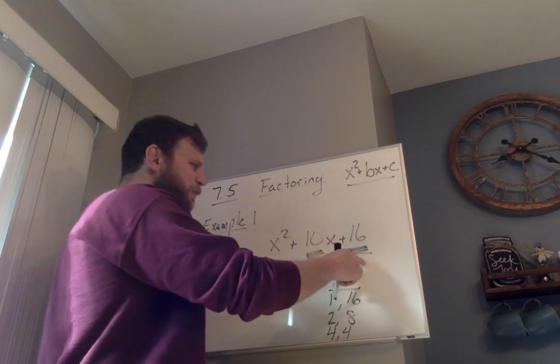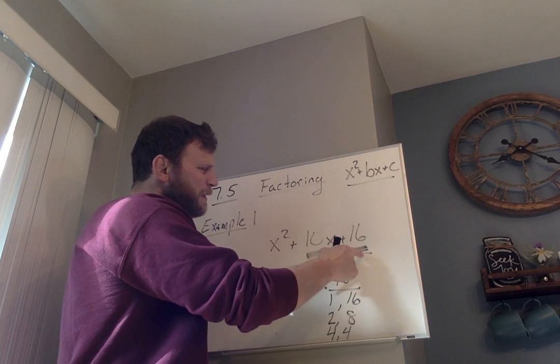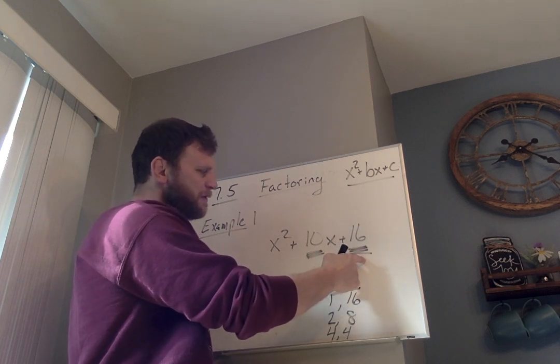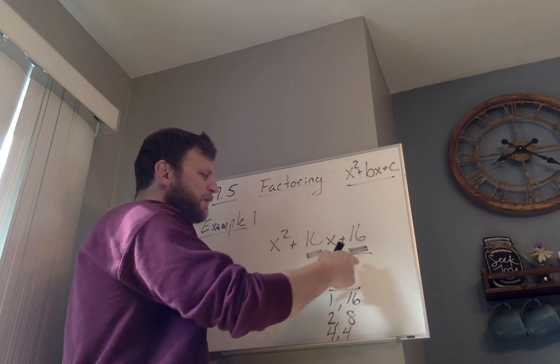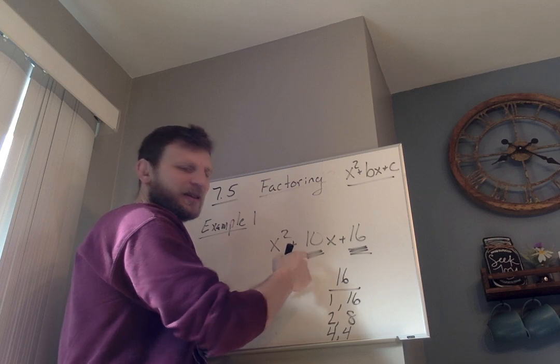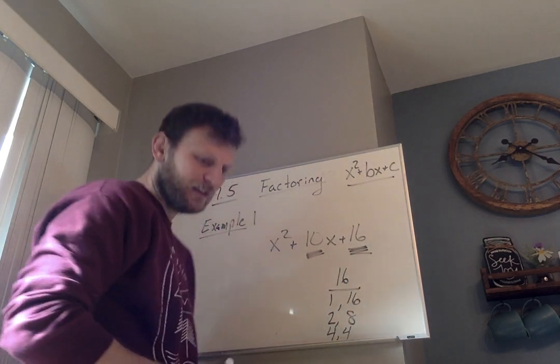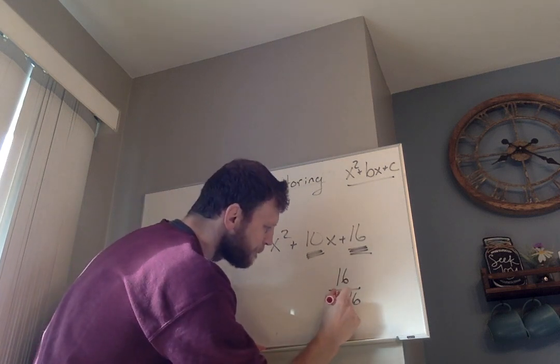Now I said this one's really important. And I also said this one's important. So we start out with taking all the factors of 16, but now we want to find out which factors of 16 add up to 10. So what I like to do is put a little plus sign here.